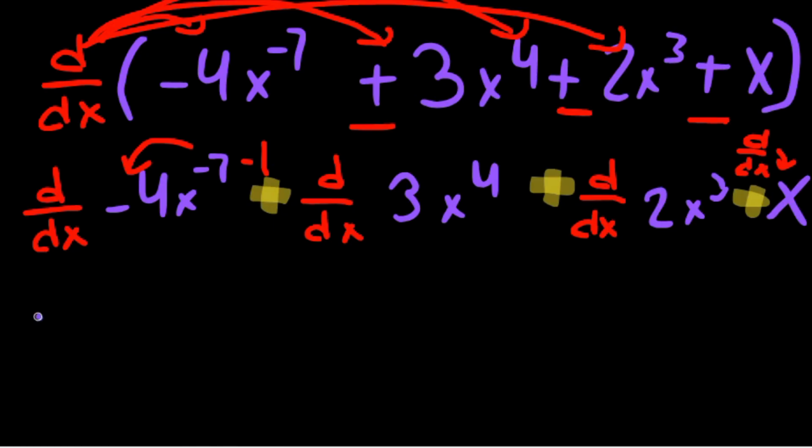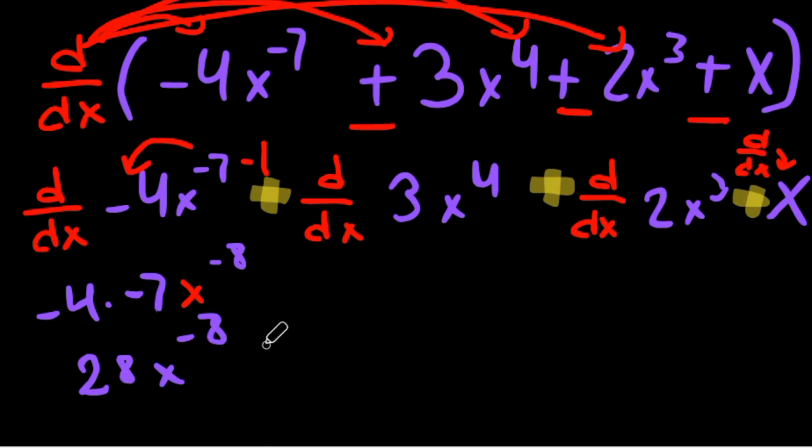So this is the same thing as negative 4 times negative 7 x to the negative 7 minus 1, which is negative 8th power. This simplifies down to 28x to the negative 8th power.